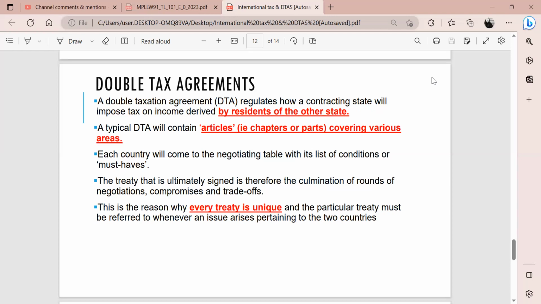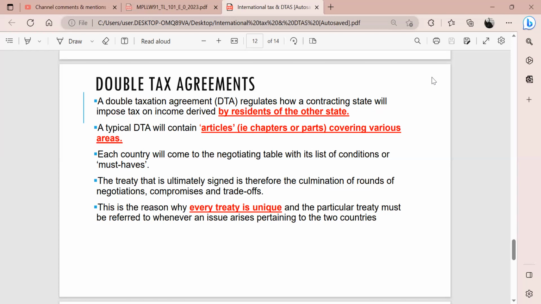Each country will come to the negotiating table with its list of conditions or must-haves, and the treaty that is ultimately signed is therefore the culmination of rounds of negotiations, compromises, and trade-offs. This is the reason why every treaty is unique, and the particular treaty must be referred to whenever an issue arises pertaining to the two countries.